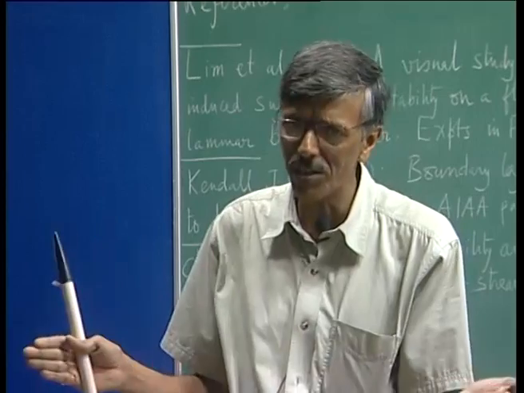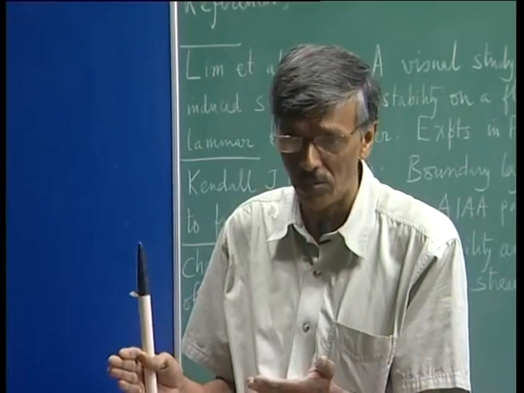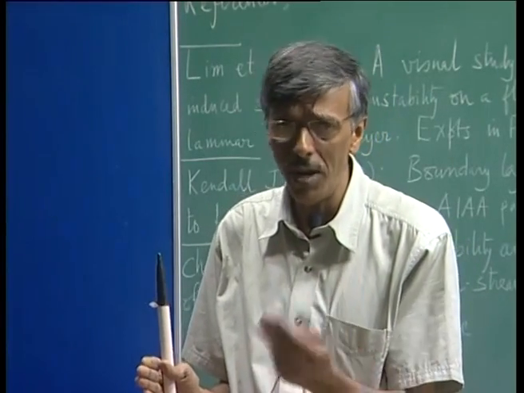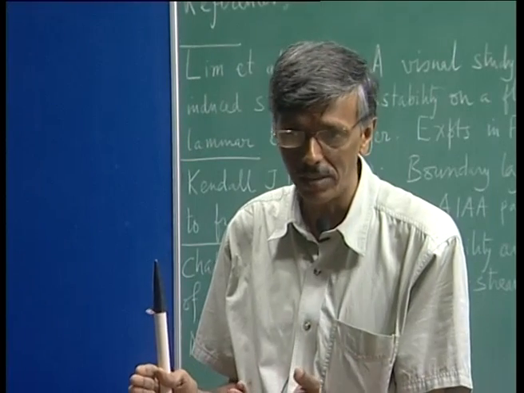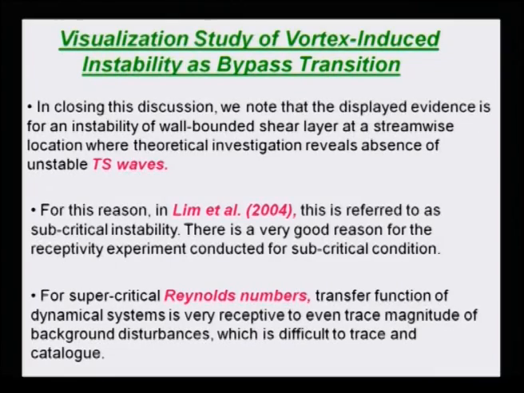So, we are talking about a subcritical case, because you know TS wave only begins after 520. So, that is what we are saying, that theoretical investigation reveals absence of unstable TS waves. Now, this is the reason we called it as a subcritical with respect to TS wave.